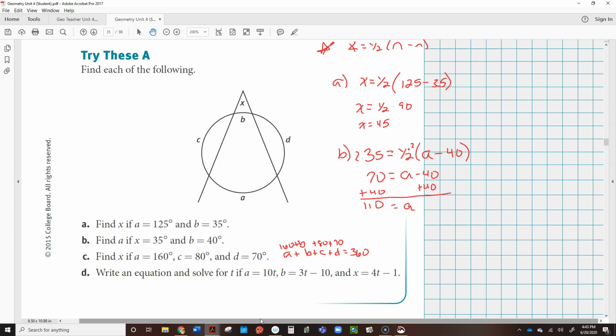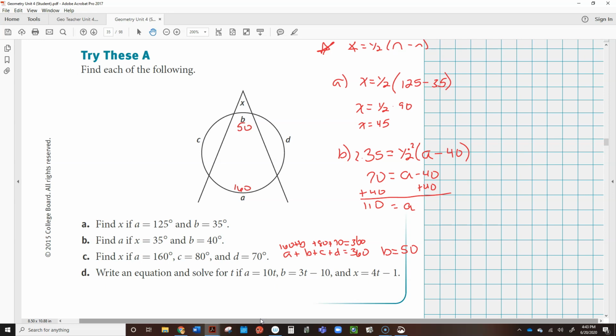Okay, so 360 minus 160, that's 200, minus 150, I believe that leaves us B is equal to 50. Okay, I just did some mental math right there. So B is 50 and A is 160.